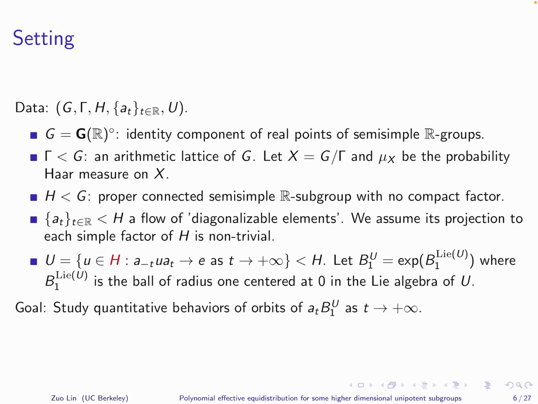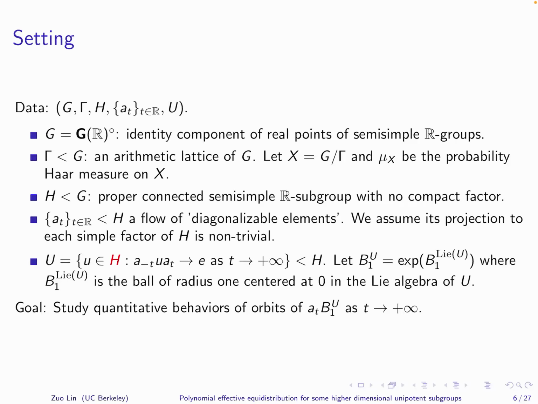G is a connected semisimple linear Lie group, or you can say it's an identity component of real points of a semisimple real algebraic group. If you're not familiar with it, G is SLN. And gamma is a lattice inside G, and in this talk, I will assume it to be arithmetic. From now on, I will not assume any co-compactness for the lattice.